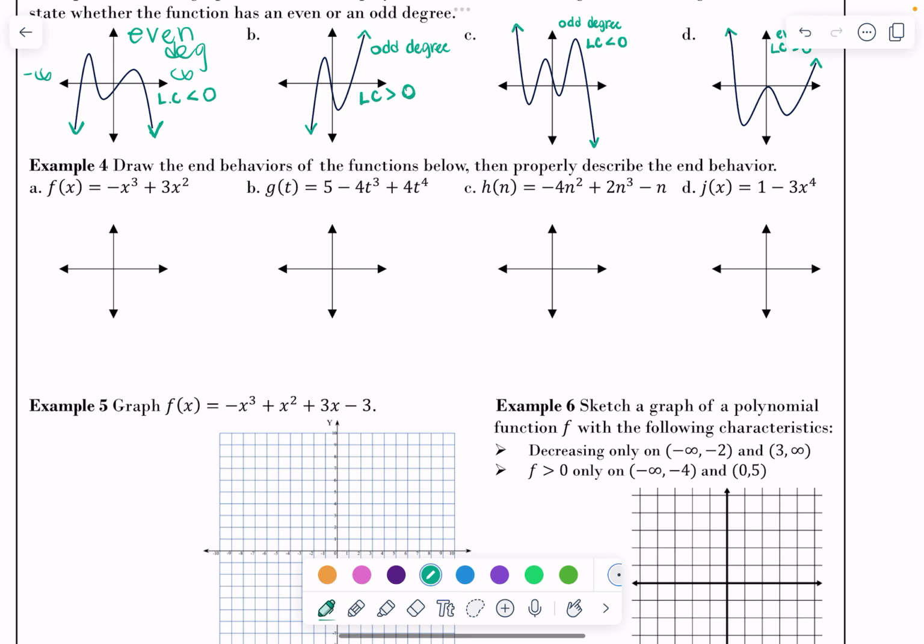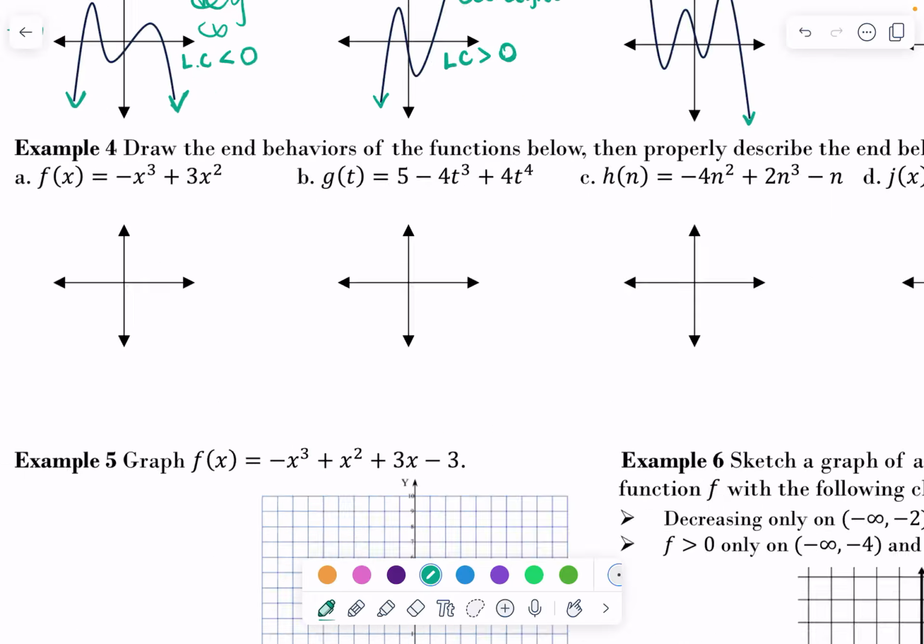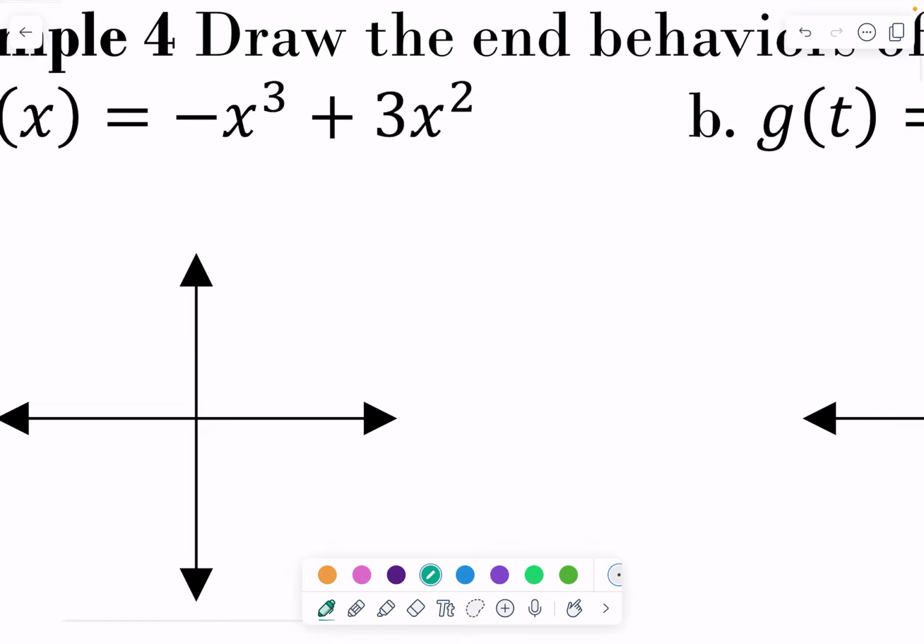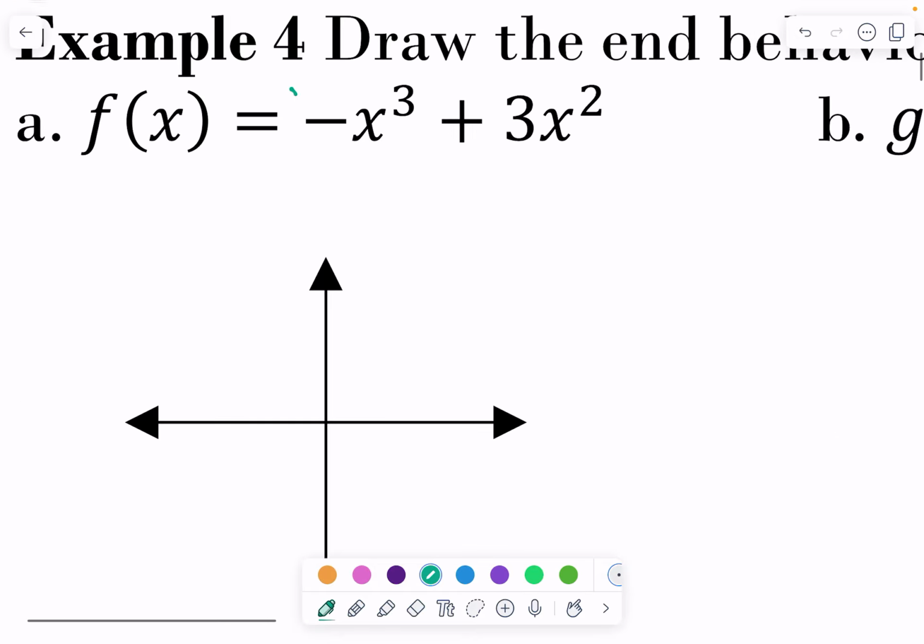Now, instead of identifying the degree and the leading coefficient, let's talk about end behaviors if you're given a function. So the first thing, and really the only thing you're going to look at, is the highest degree, because that determines it, and if the number is going to be even or odd, right? Positive or negative leading coefficient. So, looking here at my first example A, f of x, I'm looking only right here, because that's my highest degree.